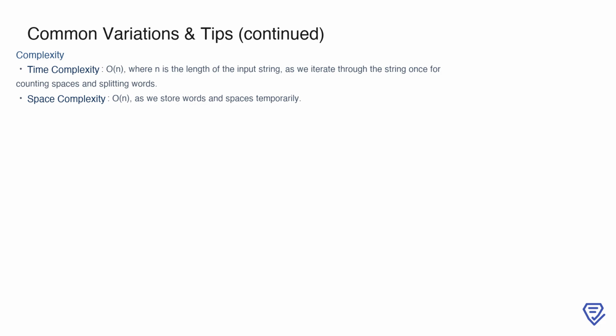These complexities ensure that your solution is efficient and scalable, making it suitable for handling large inputs. Aim to achieve this optimal complexity by avoiding redundant operations and leveraging efficient methods like join for string construction. By keeping your solution both time and space efficient, you demonstrate a clear understanding of algorithmic design principles.